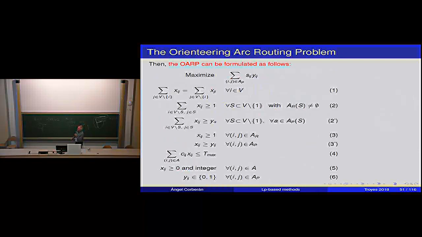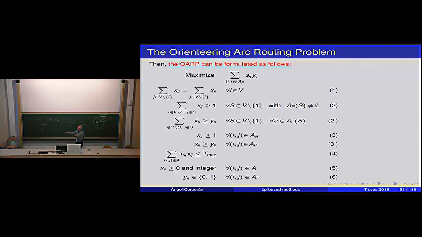Okay, the formulation is also quite simple. We maximize the profit collected associated to the profitable arcs. Again, the symmetry conditions on the vertices have to be satisfied. These are the connectivity inequalities, again a little bit different, and I will explain them in a few seconds. We have to traverse necessarily the required arcs corresponding to my regular customers.